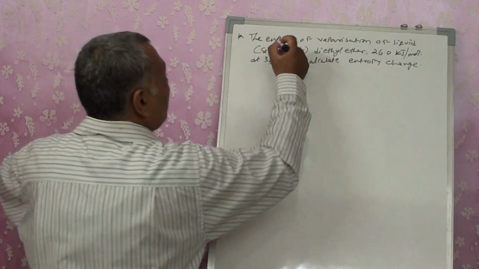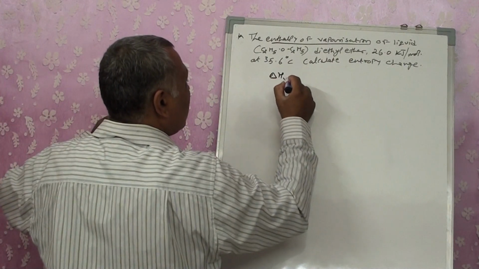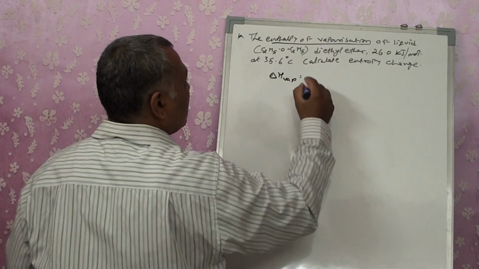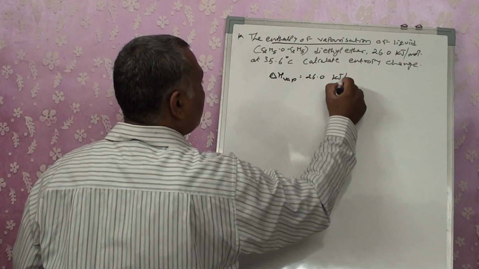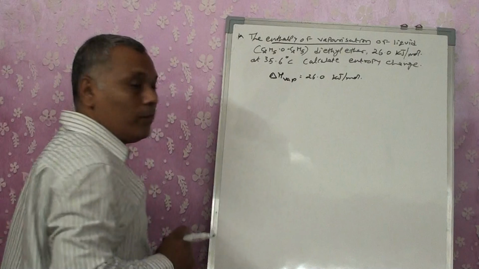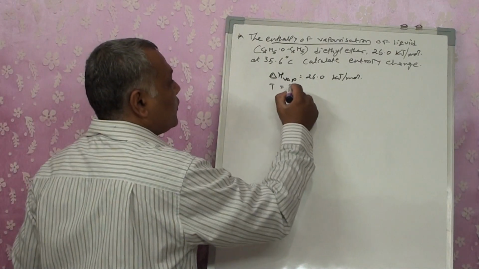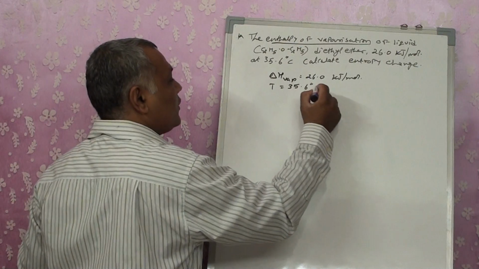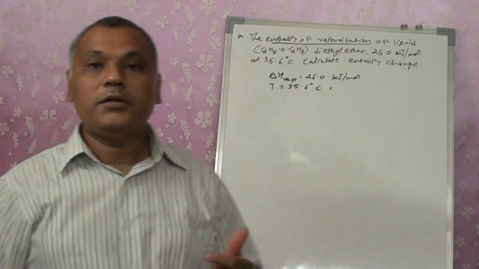Now, particularly what is given to us is an enthalpy of vaporization. It indicates that we have delta H vaporization, and its value is 26 kilojoule per mole. Temperature is given to us as 35.6 degrees Celsius, and we can't use Celsius.